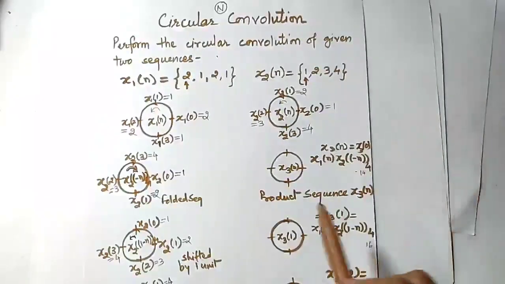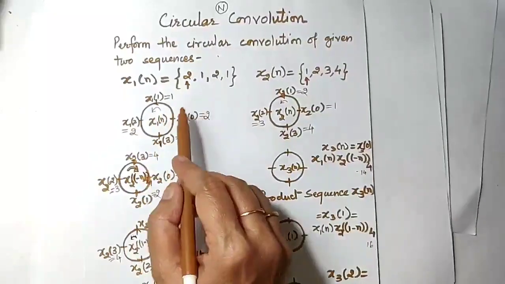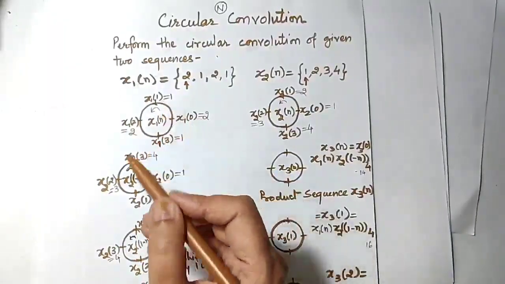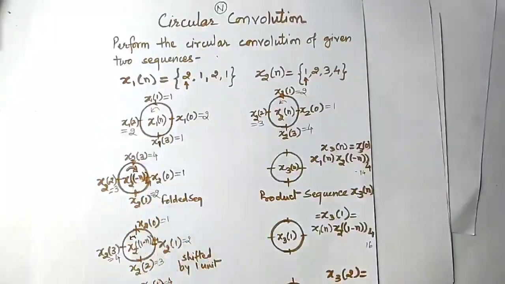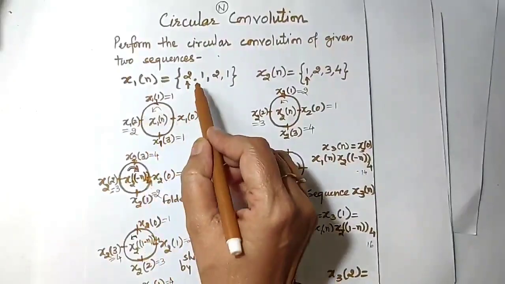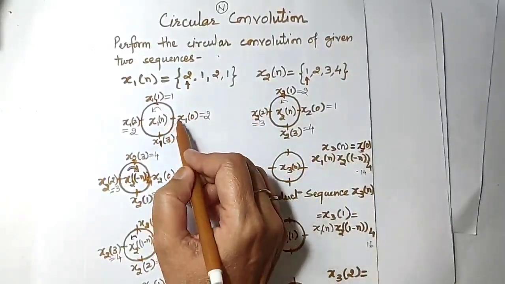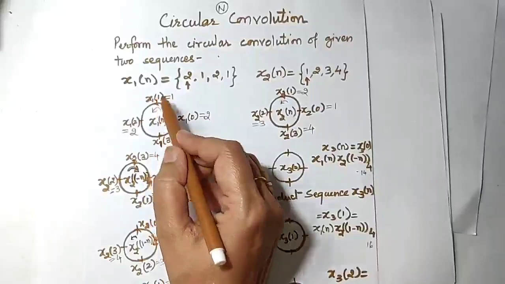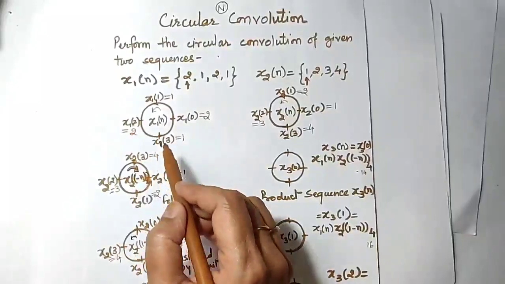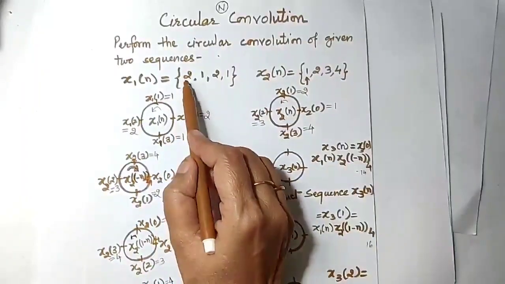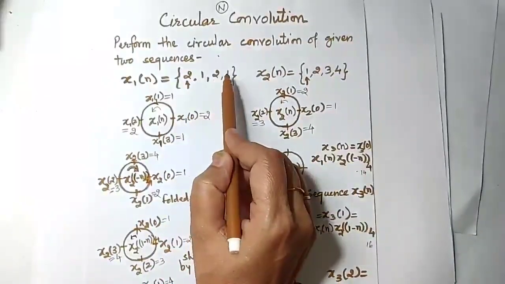I am representing it graphically. For the periodic sequence x1(n), I just plot it. We assume that anti-clockwise plotting is the positive way of plotting the x1 and x2 sequences. Here N is 4, so we take x0, x1, x2 and x3 anti-clockwise.